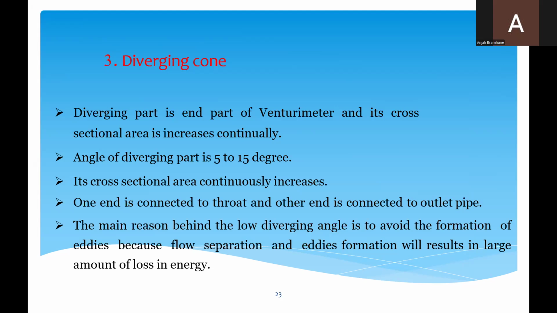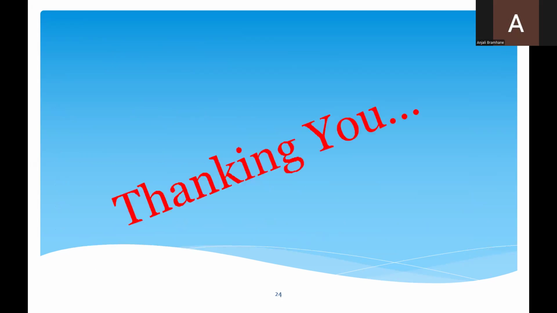Next, one end is connected to throat and the other end is connected to outlet pipe. The main reason behind the low diverging angle is to avoid flow separation, because flow separation and eddies formation will result in a large amount of loss in energy.